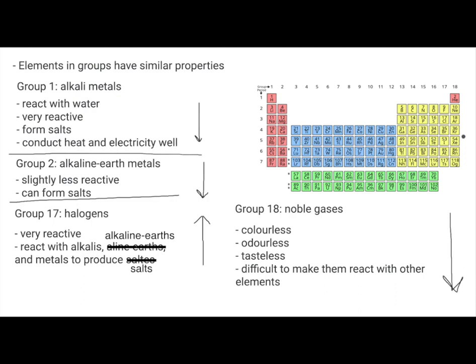So if you have something like xenon or radon, you could expect to make a few compounds with these noble gases. However, if you're talking about something like argon or neon, it's much more difficult to do so, and it is extremely difficult to make helium form a compound with anything whatsoever. It's very difficult.